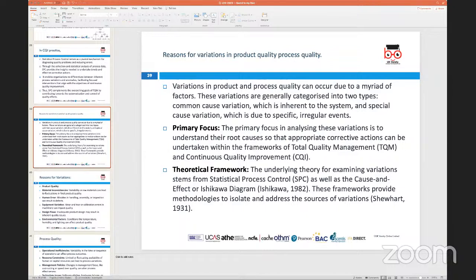And these corrective action plans would then be run within the process or will lead to changes within the process and product quality side of things in accordance with the frameworks of TQM, Total Quality Management, and Continuous Quality Improvement. And these are things which are used primarily to ensure that there is no variation in quality of products, which can happen when multinational companies are operating.